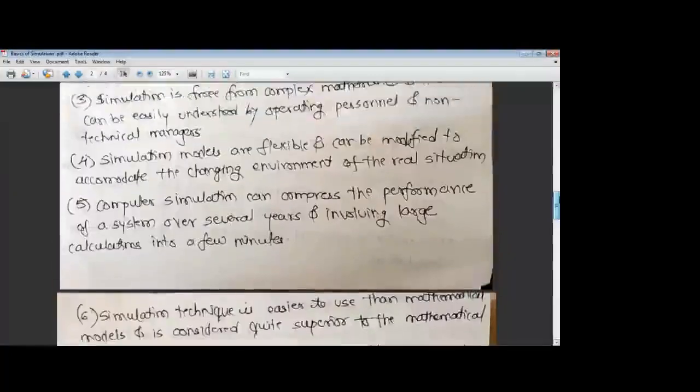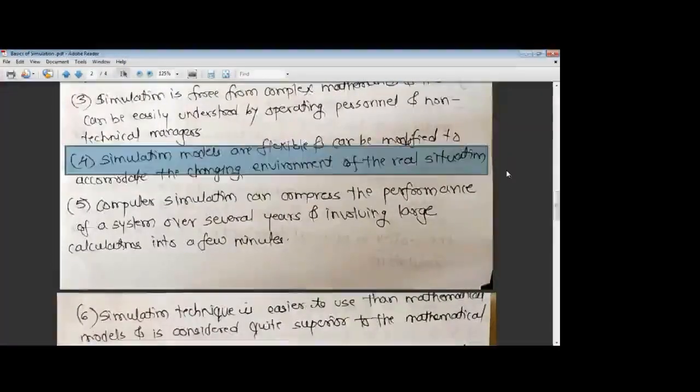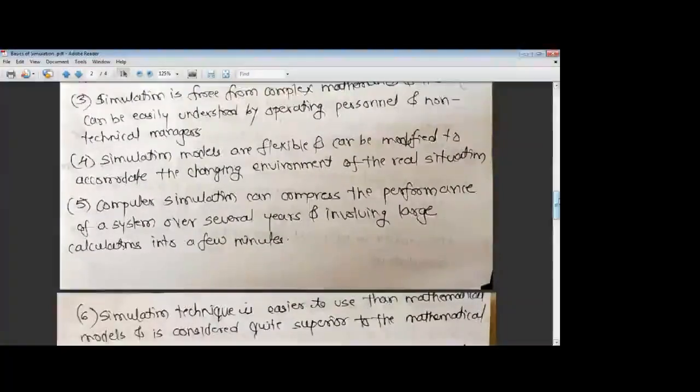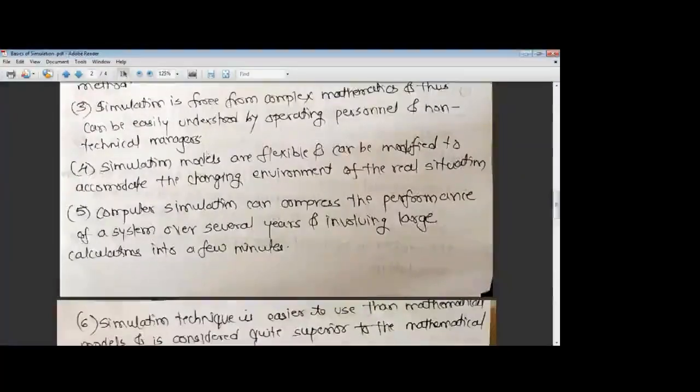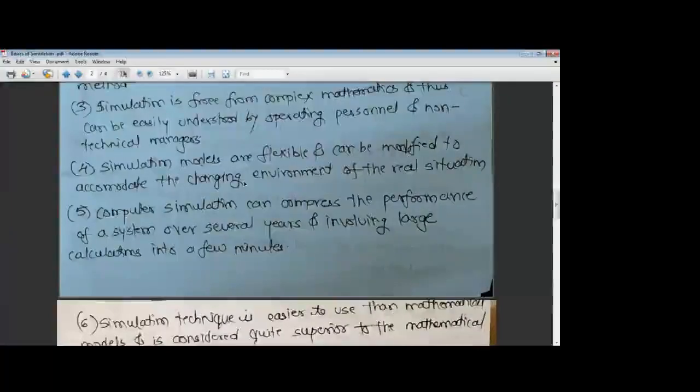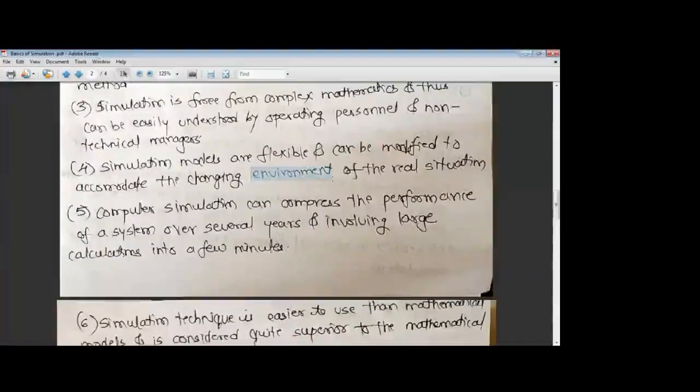Now, simulation models are flexible and can be modified to accommodate the changing environment of the real situation, right? So this is very, very important. It is not a robust kind of model that we are going to develop. It is a flexible model, and if there are changes in the environment, and environment is not to be understood from a civil perspective.